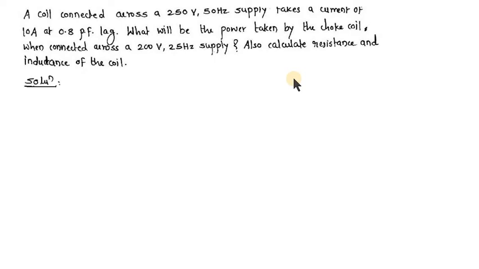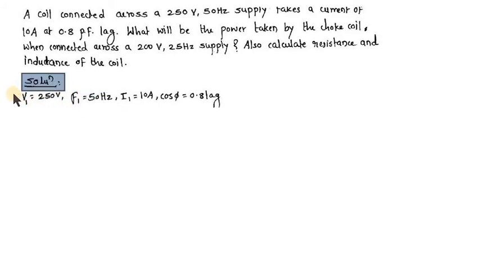So let's begin. We will first identify the given things. The given things are noted as voltage 250 volt and frequency 50 Hz in the first case, which is why I denoted them as V1 and F1. Similarly in the first case, the current flowing is 10 ampere and the power factor is 0.8.